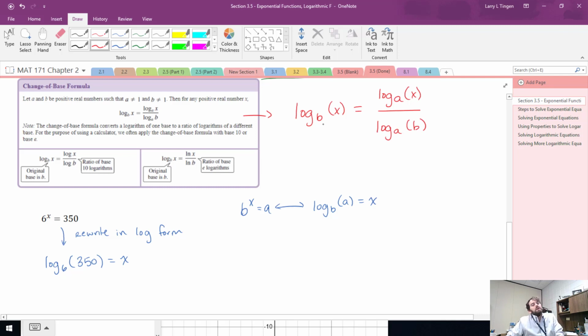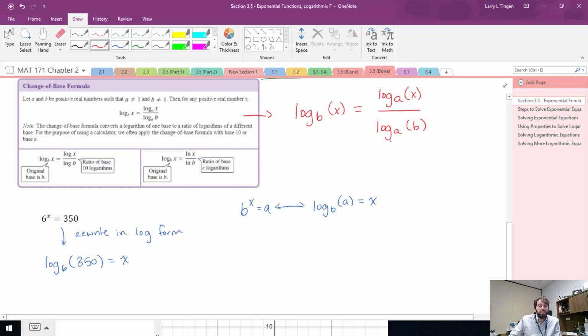Look at what happened here. The base went from whatever the base was when I started to a. I get to pick a as long as a is not 1. And the argument x is in the numerator, and the old base is in the denominator.